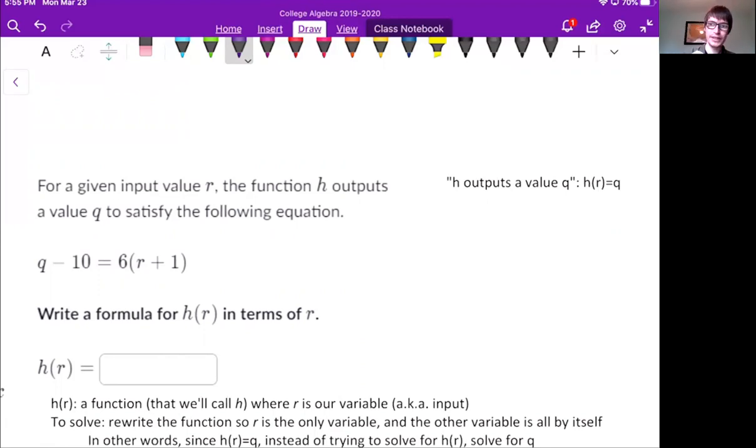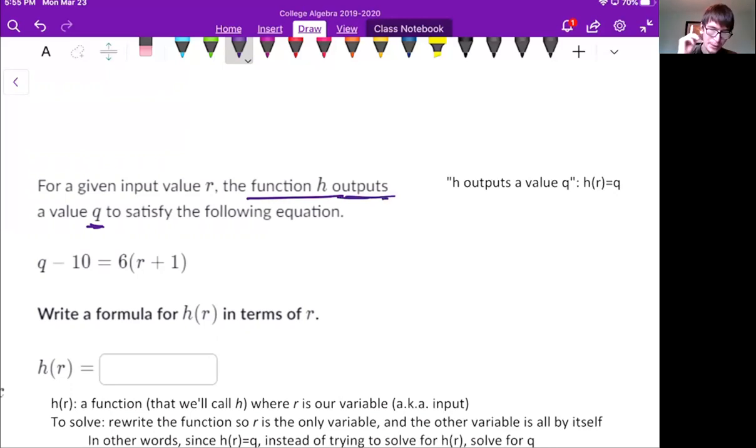What it's saying when it says h outputs a value q is that whatever this function h is, it equals q. It's the same thing. The output of function h and q are the same thing.